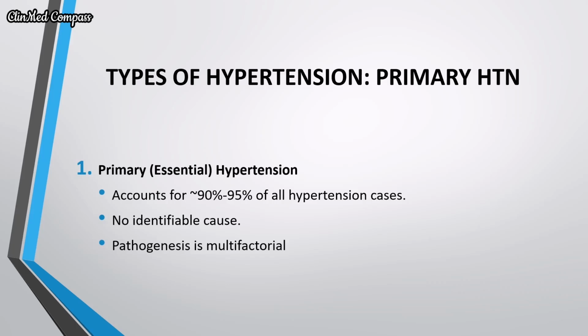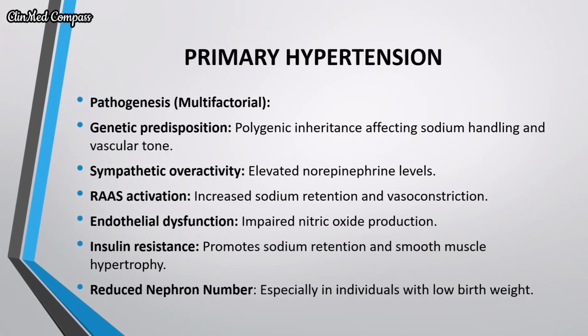We'll be looking at the mechanism of primary hypertension subsequently. The pathogenesis of primary hypertension is multifactorial, involving genetic predisposition, where many genes influence sodium handling, as well as vascular tone and responsiveness to stimuli. Sympathetic overactivity: higher levels of norepinephrine can lead to increased heart rate as well as vasoconstriction.